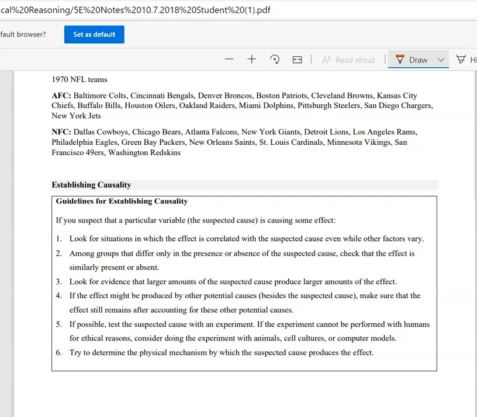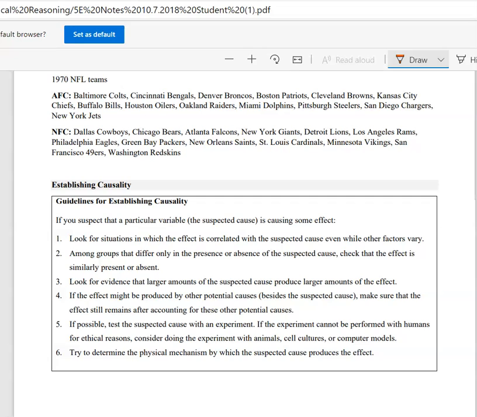So when you're trying to establish causality, if you suspect that a particular variable is causing some effect, you want to look for situations in which the effect is correlated with the suspected cause, even while other factors vary. Number two, among groups that differ only in the presence or absence of the suspected cause, check that the effect is similarly present or absent.